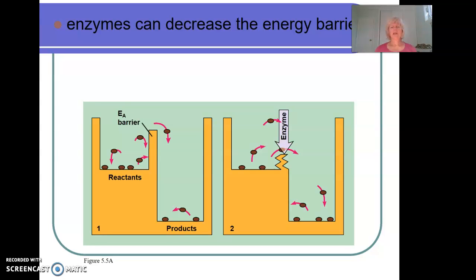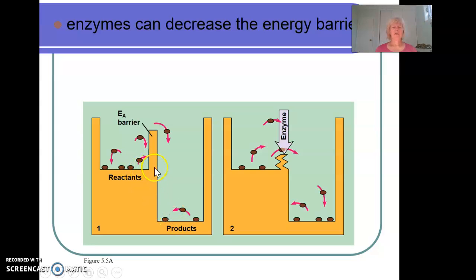So let's look at a graphic representation of what that actually means. Here we see a diagram, and this represents the energy level. You can see the reactants here. These are molecules, and they hold a certain amount of energy, and here you see the products, and they actually have less energy. When something goes from a lot of energy to a little energy, that is usually something that happens quite spontaneously.